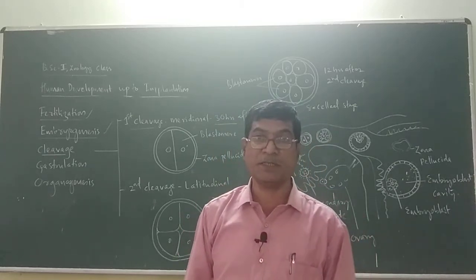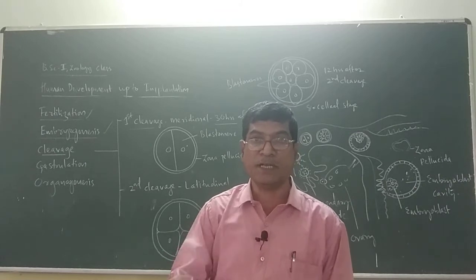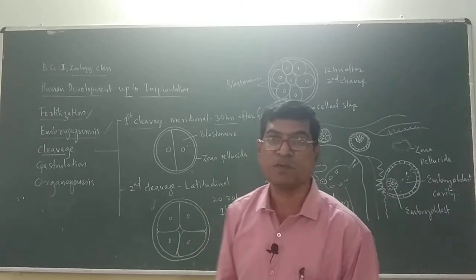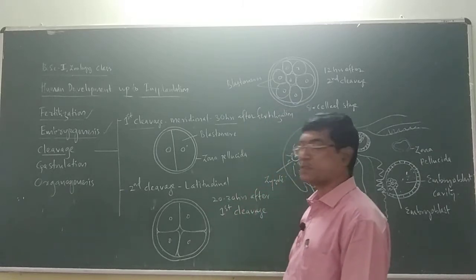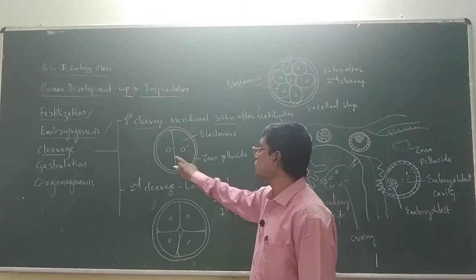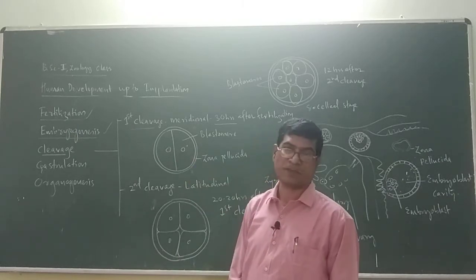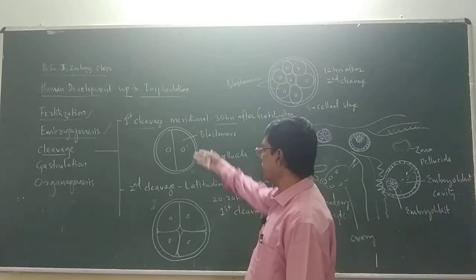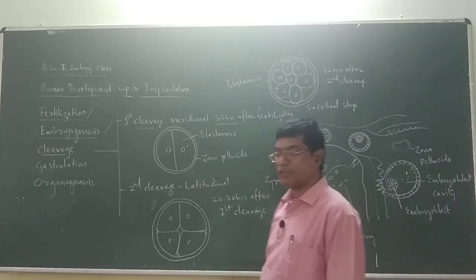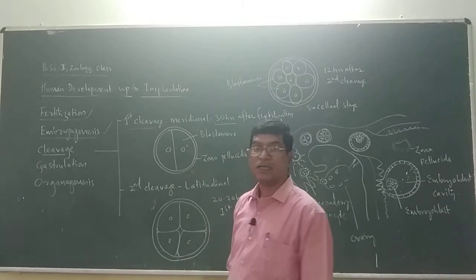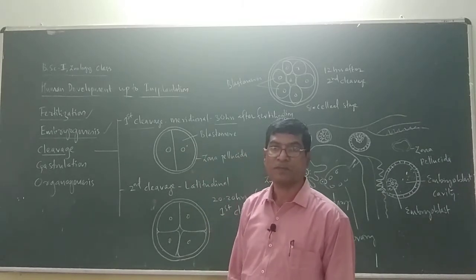After 30 hours, the first cleavage completes. At the end of the first cleavage, two cells are formed. These two cells are called blastomeres. One of them is larger, another is smaller. Next is the second cleavage. The second cleavage is at right angles to the first one. Right?